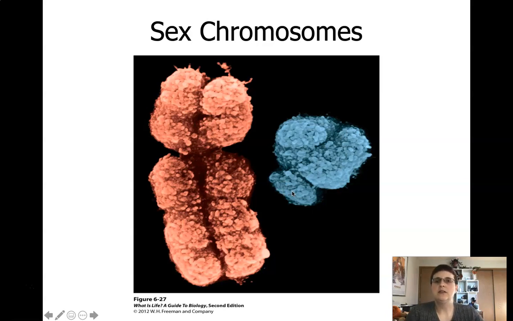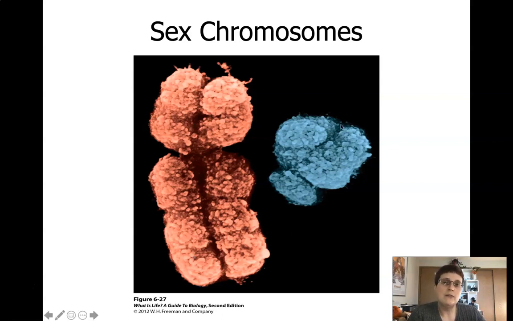So in this picture, it looks a little bit like a Y, but it does have the centromere here in the middle with two little legs down here at the bottom. You might guess that there are a lot more genes on the X chromosome than the Y chromosome. In fact, we know that you cannot survive without an X chromosome. No one has been born without an X chromosome.